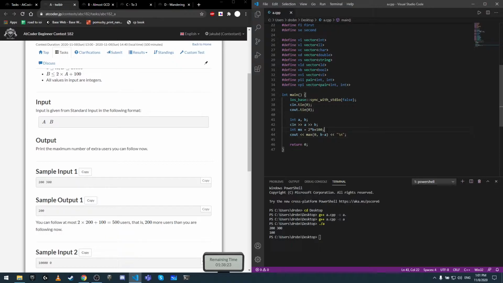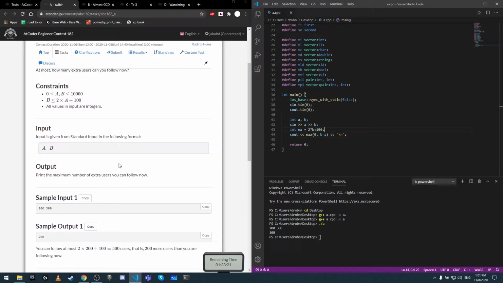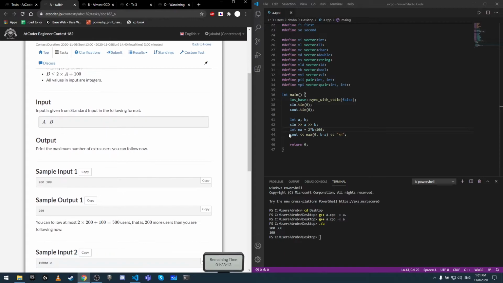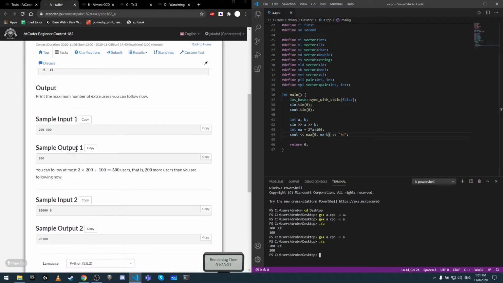Oh my god, I can't even solve the first problem. Oh wait. Max minus b, something like that. Okay.